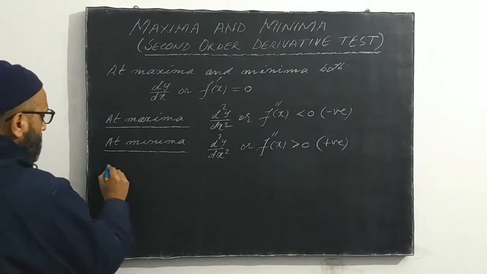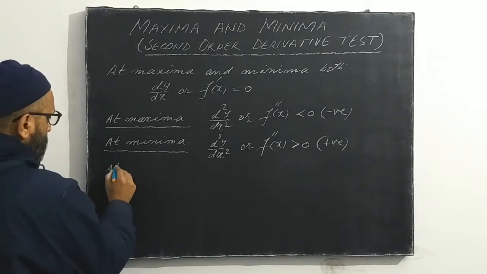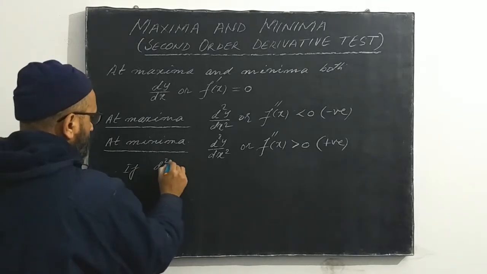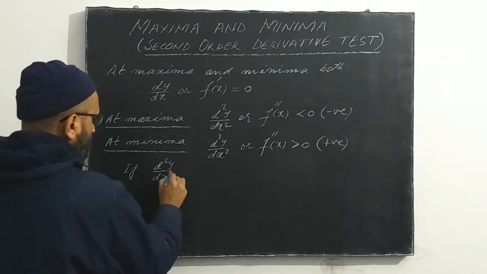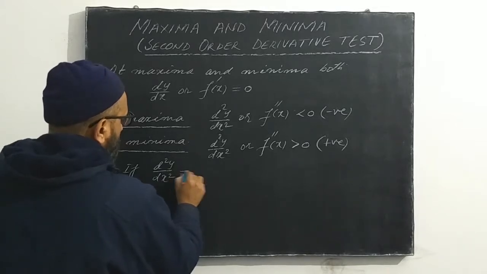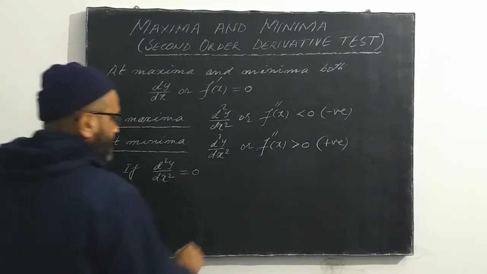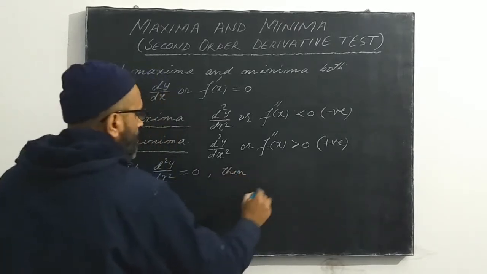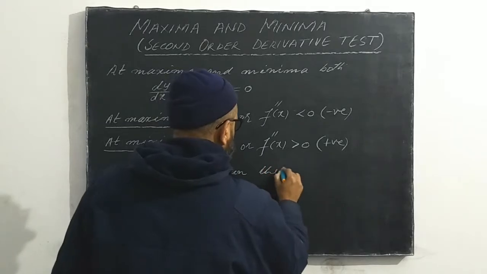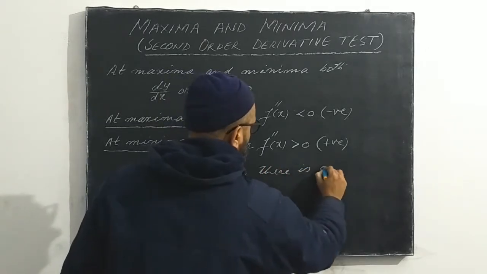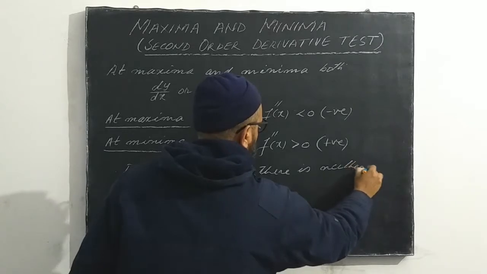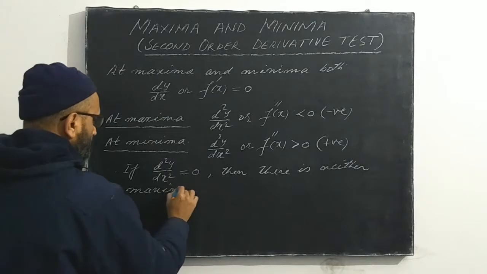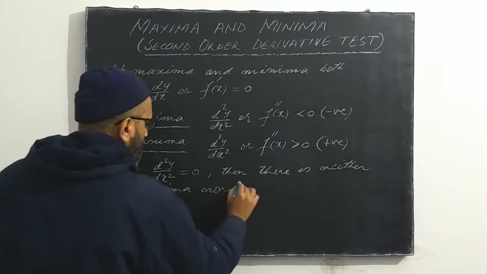And if d2y upon dx square is equal to 0, then there is neither maxima nor minima.